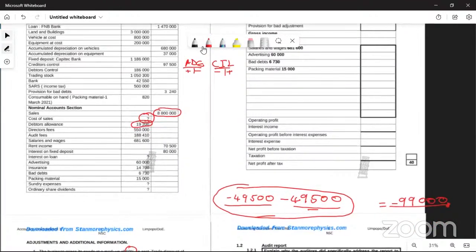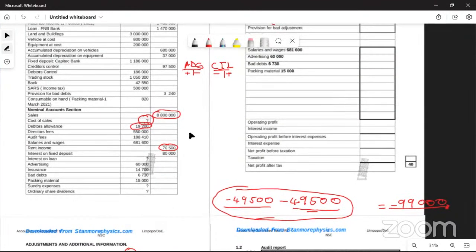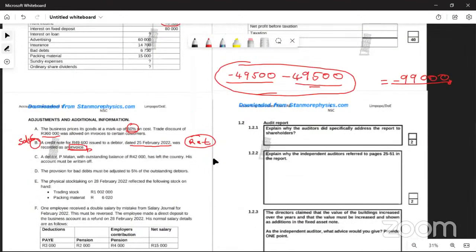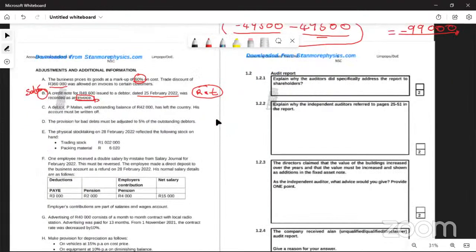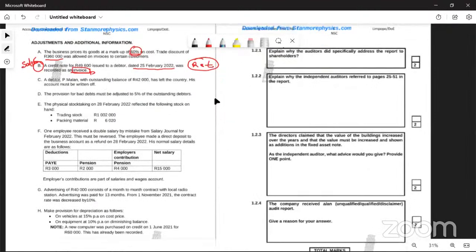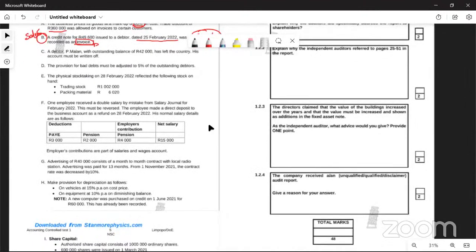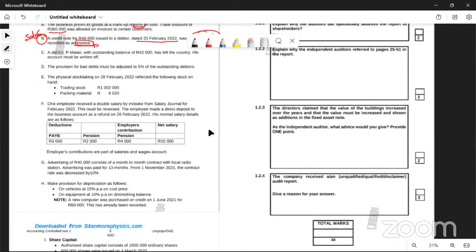So in rent income here, according to the pre-adjustment, the balance is 70,500. So we take it, 70,500. Then we go to the transactions and check for transactions regarding rent, a tenancy. Anything said about the rent.